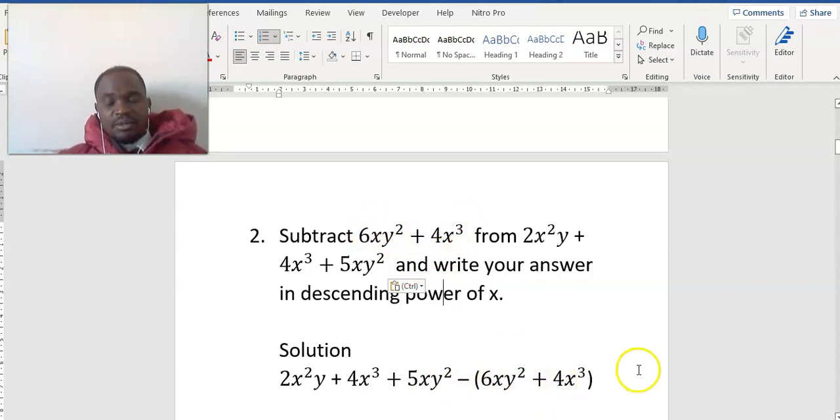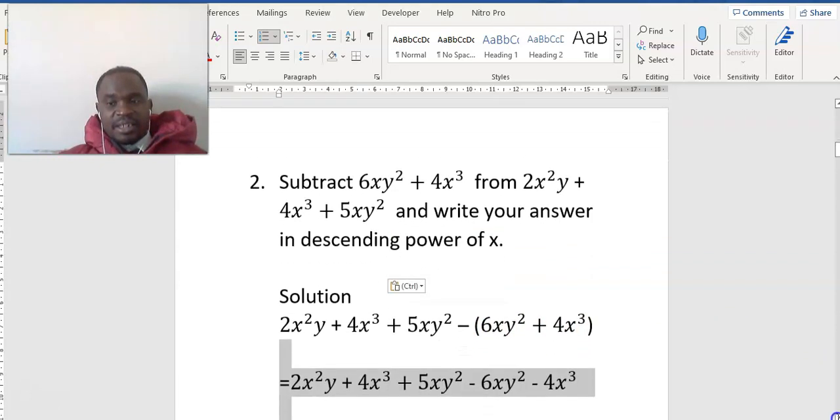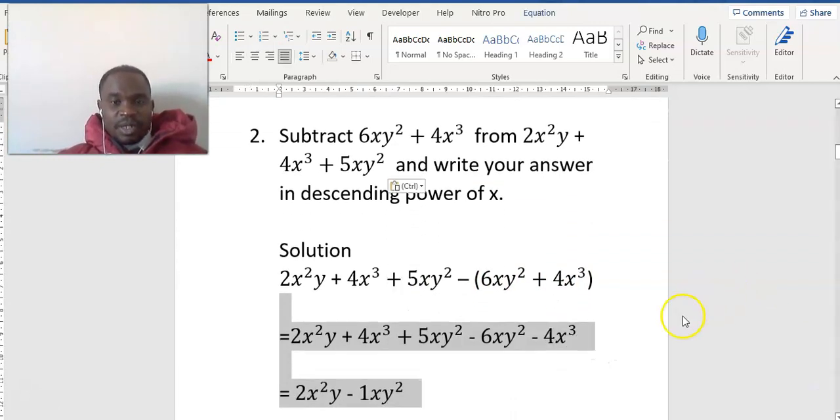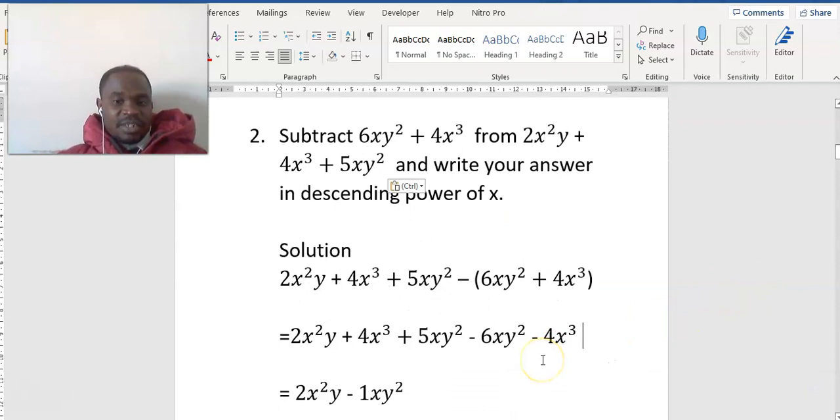So 6x y squared plus 4x cubed. Okay, so we are going to simplify this. We have this one here, then minus 6x y squared, minus plus is minus. Take note, minus minus is plus, minus plus is what? Minus, plus minus is what? Still minus.